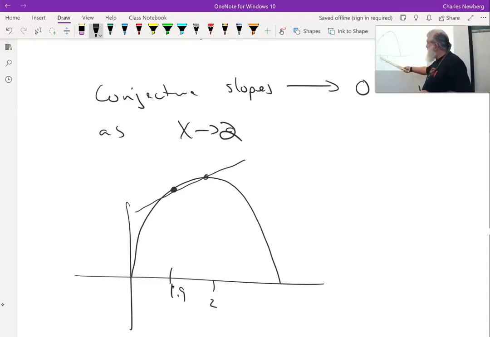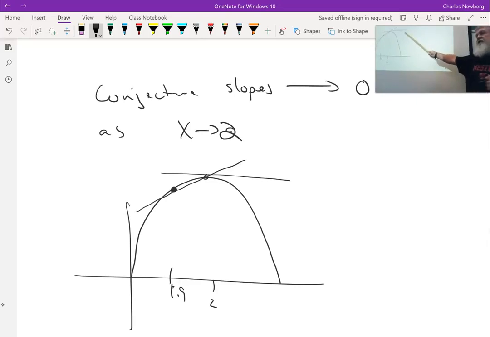We were making this value get closer and closer. And as this went closer and closer, what's happening? Those secant lines are approaching that tangent line. So what is the relationship between your answer in B and the slope of the tangent line? They're actually equal. And you can tell that tangent line there is horizontal, just by looking.